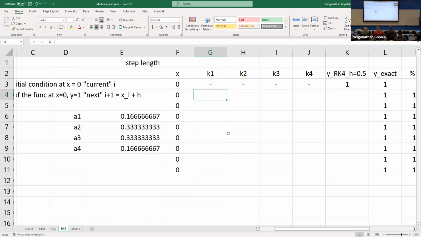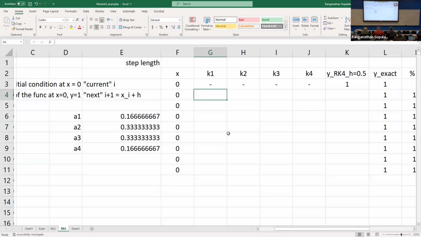This is x equal to h. So we have y of I equal to 1, that is part of the initial condition. We are trying to compute what is y I plus 1. That's our goal here, and we are doing this by dividing this into 4 segments. That's the RK4 method.